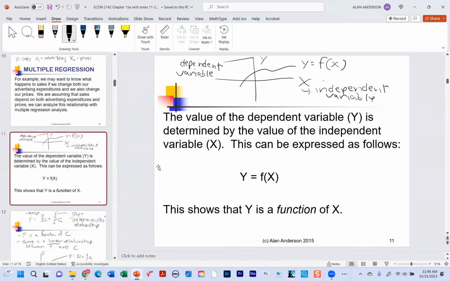All right. Now here, this is just another illustration of the relationship between x and y. We normally assume that y is a function of x, and x again is the independent variable, y is the dependent variable. This graph, though, you see this is just a curve. It is not necessarily linear.